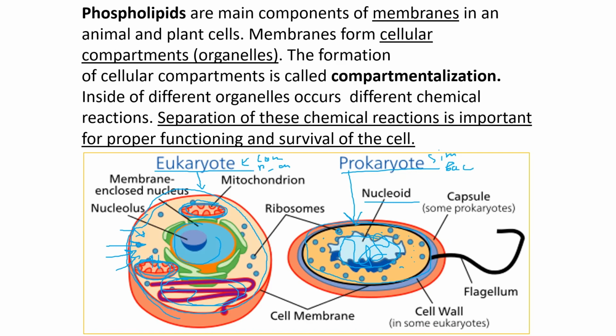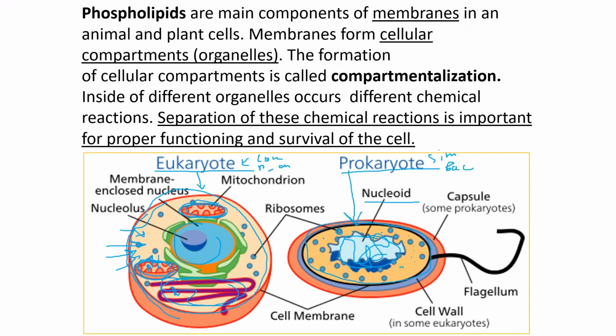It prevents easy transport of different stuff. And it isolates chemical reactions which can happen in one cellular organelle from the chemical reactions happening in the other cellular organelles. So this is a very important function of the membrane overall.